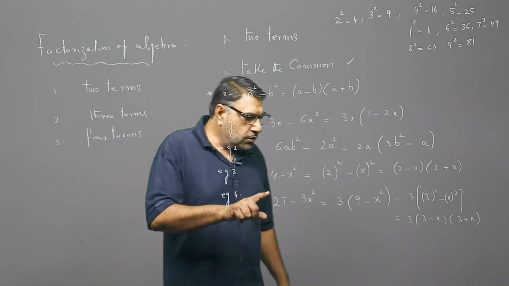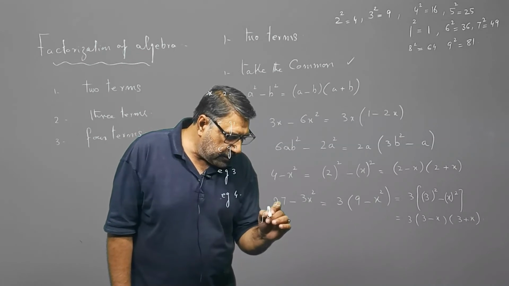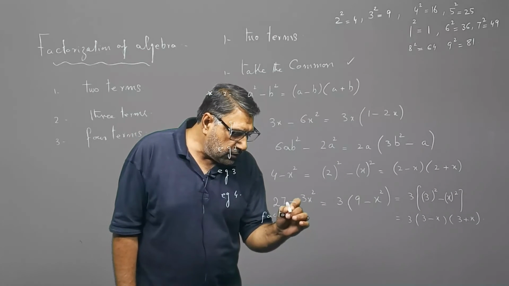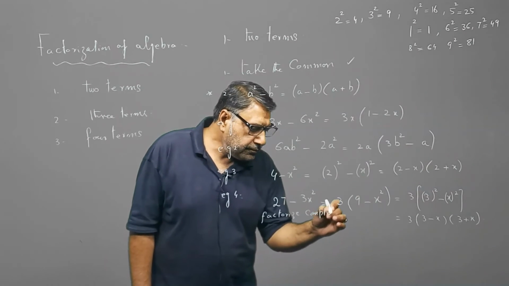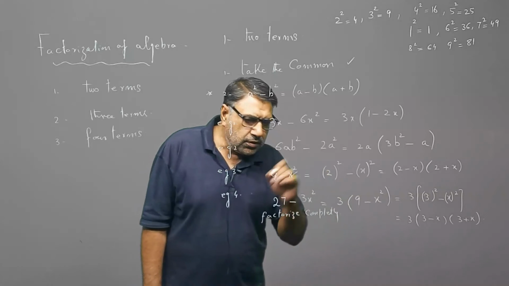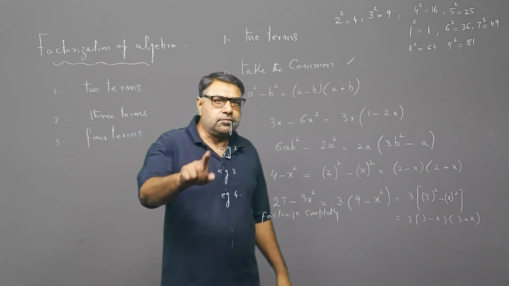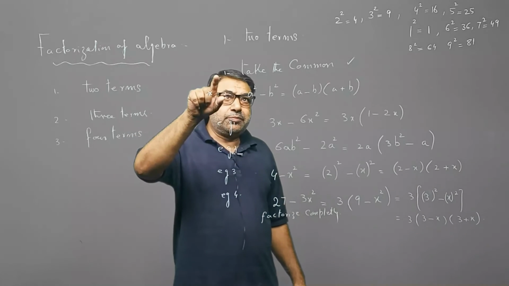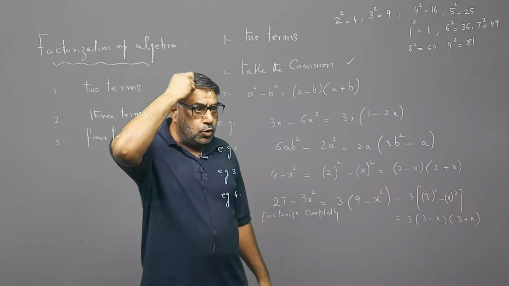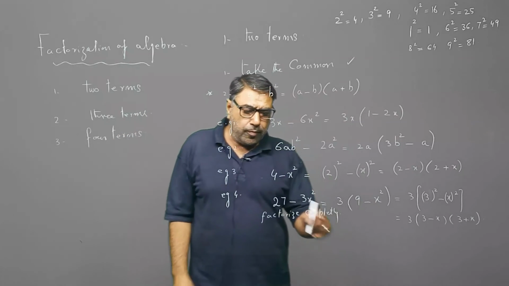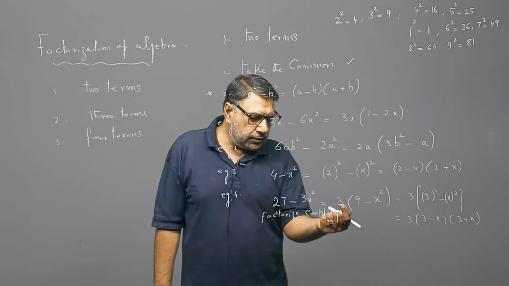In this question, he will say to you: factorize completely. And the factorization of two terms, what are the steps? If you are given two terms, first of all look at the two terms. Is something common between the two? If yes, then take common.